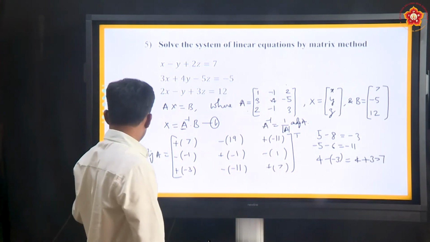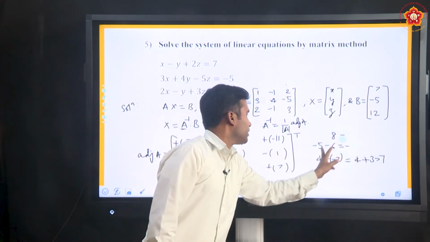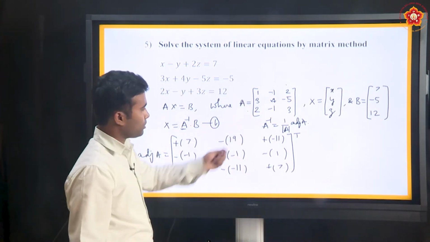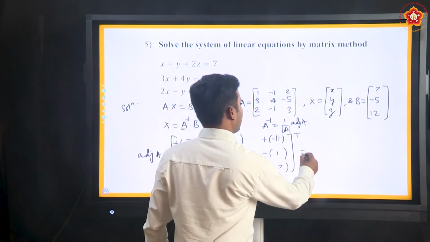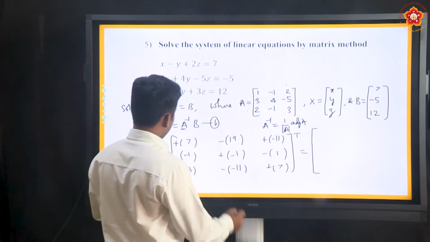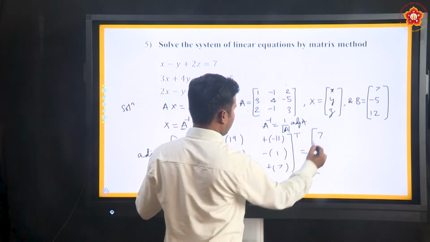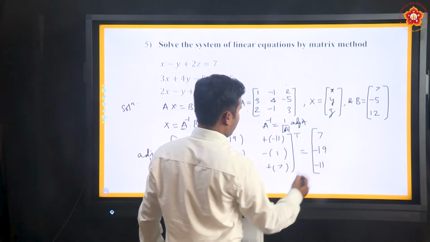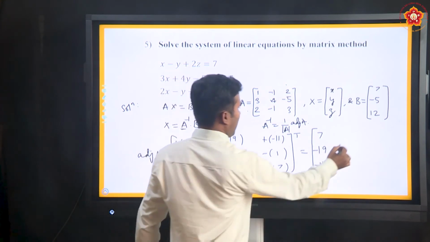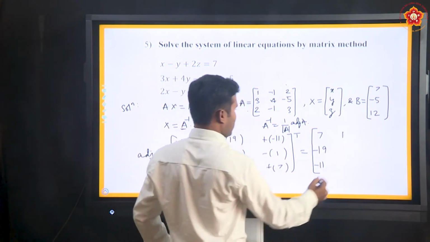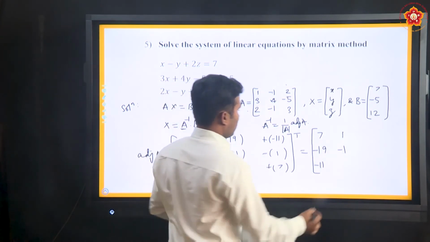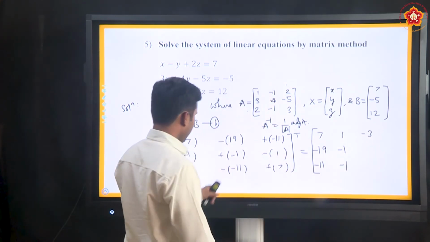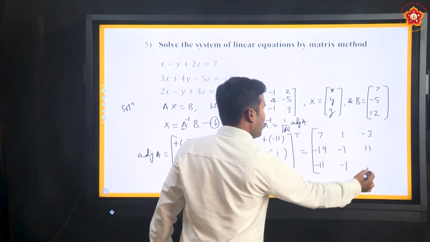So, now we got the adjoint of matrix A. Now, you can take the transpose of this, understand, that gives the adjoint of A. So, once you take the transpose of this, 7 and minus 19 and minus 11, minus 1 into 1, 1, plus minus 1, minus 1, minus 1, and here plus minus 3, minus 3, plus 11 and plus 7.